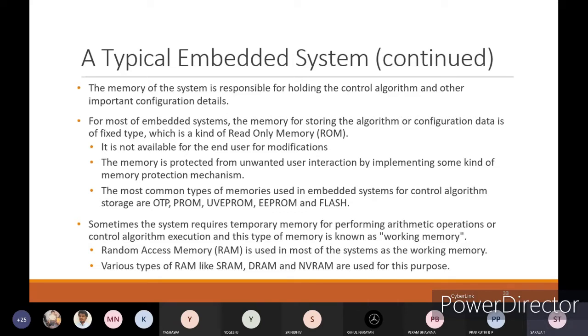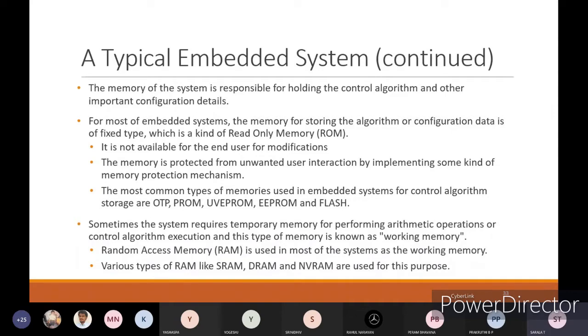The most common types of memories used in embedded systems for control algorithms are OTP, PROM, UVEPROM, EEPROM, and flash memory. These are one-time programmable memory, that is read only memory.